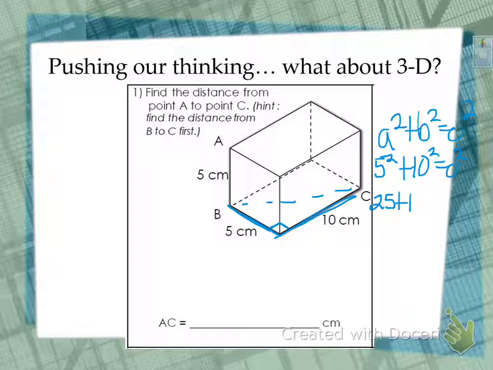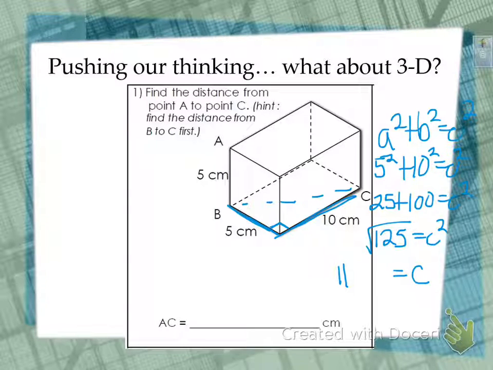25 plus 100 equals C squared. 125 equals C squared. So it appears as though when I find the square root, the length of my dotted line in my figure is 11.18.